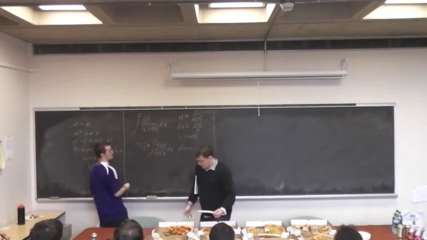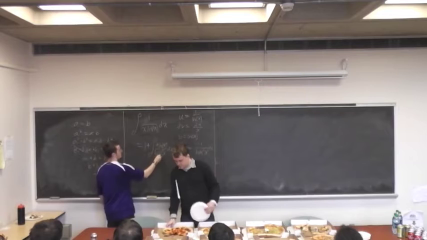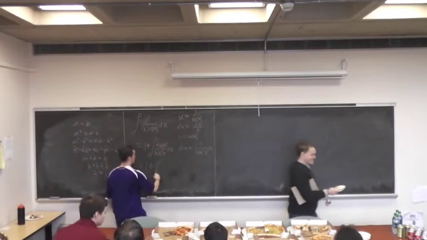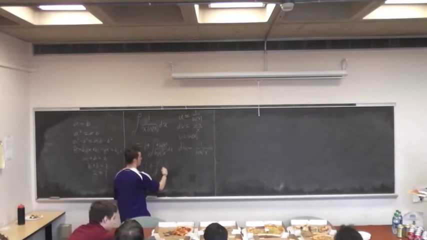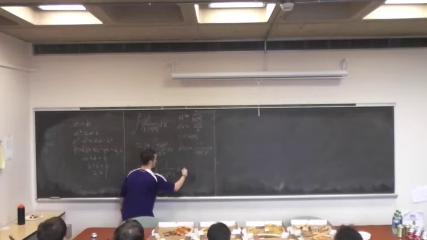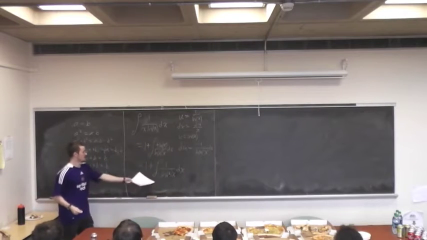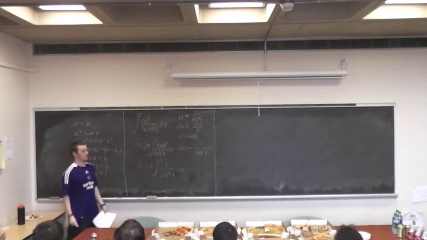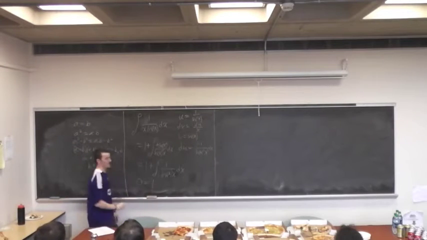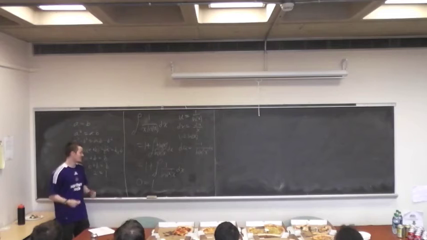We can cancel those negative signs, we can cancel a factor of ln of x, and we're left with 1 plus the integral of 1 over ln of x dx. Wait a second. This is what we had at the beginning. We can cancel that from both sides, and we get 0 equals 1.